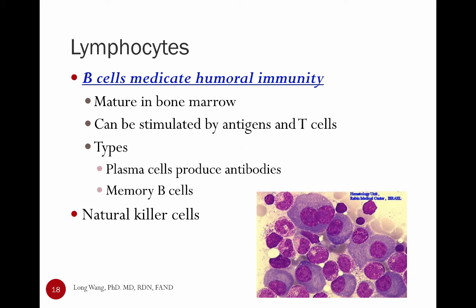Lastly, we have natural killer cells or NK cells. So the name indicates they are natural killers. So they are very important in the surveillance in the body, and particularly in cancer immunology.